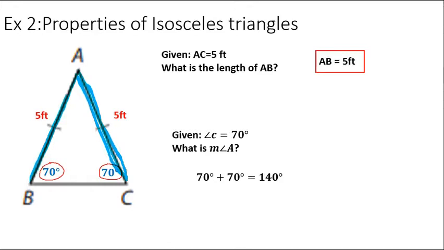So 70 plus 70 gives us 140. Subtracting that from 180 gives us 40 degrees. So the measure of angle A is 40 degrees.